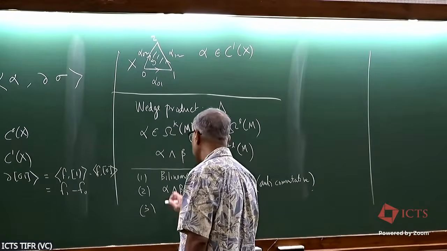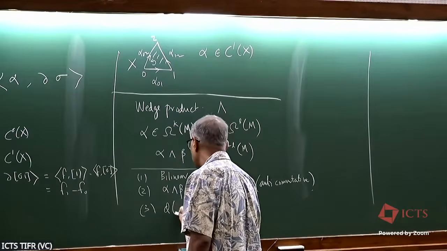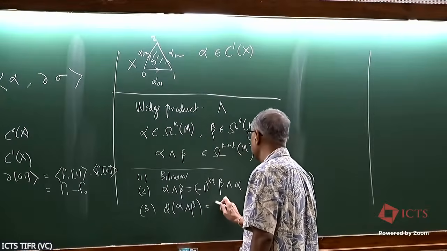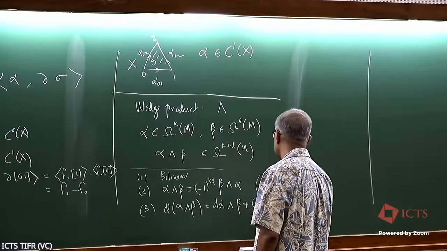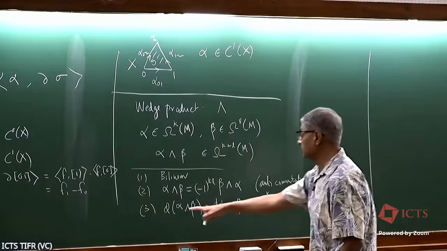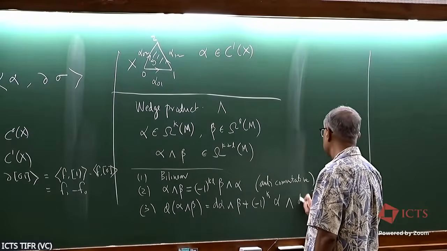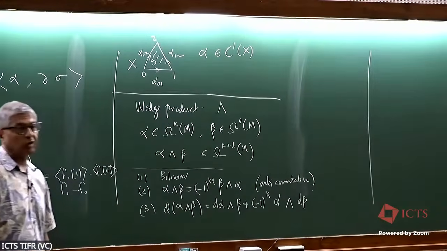And the last one is that if you take the product of two things and do a D of that, that's the derivative of the first times the second plus, but now there's a sign, and this sign is K, the degree of this guy, times alpha wedge the derivative of beta. So the usual product rule we know from calculus, but written for forms.